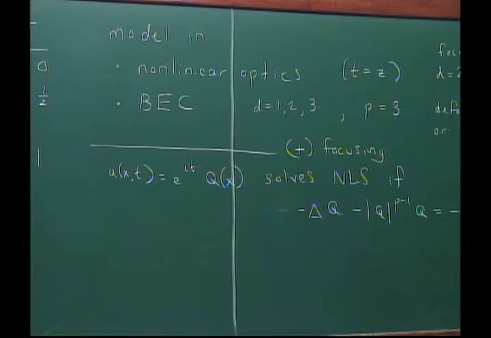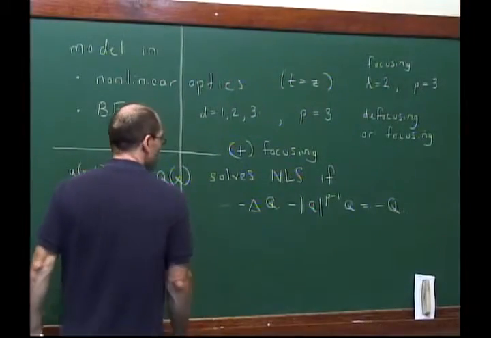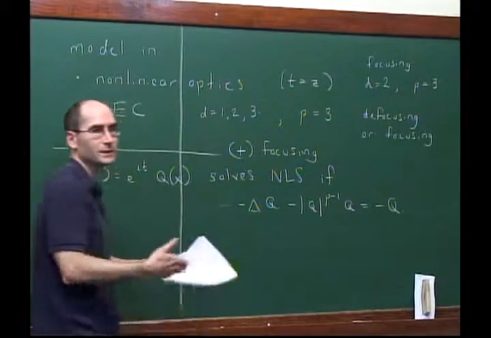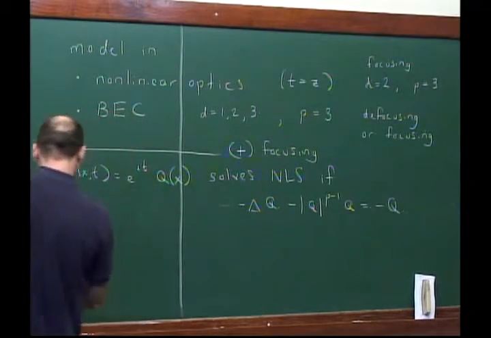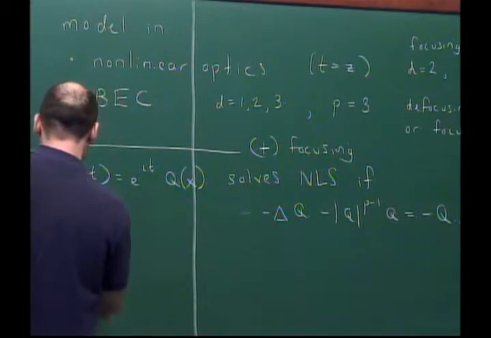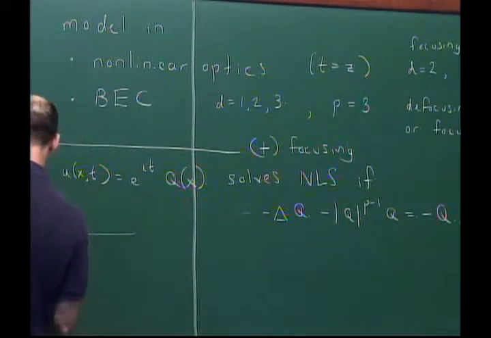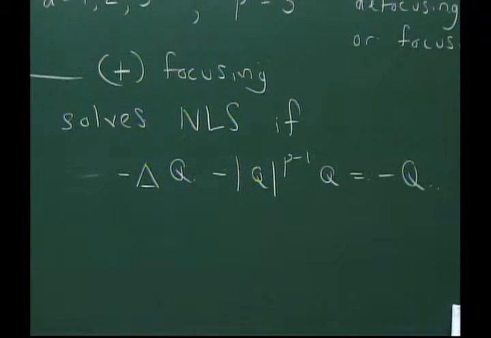Which I write like that because you can see it's sort of like a nonlinear eigenvalue problem in which, if you imagine Q as just being a well-localized waveform, then the Q to the p minus 1 becomes the potential, and so you have a potential well, right?